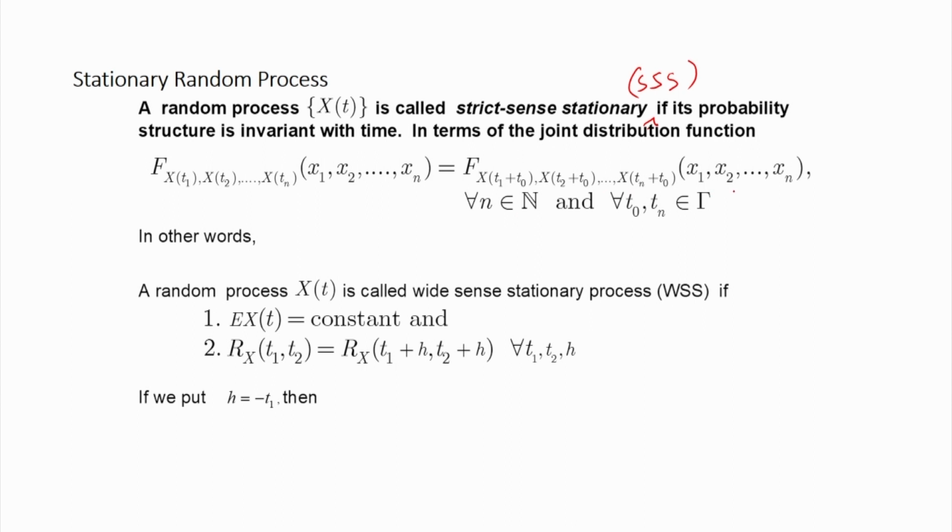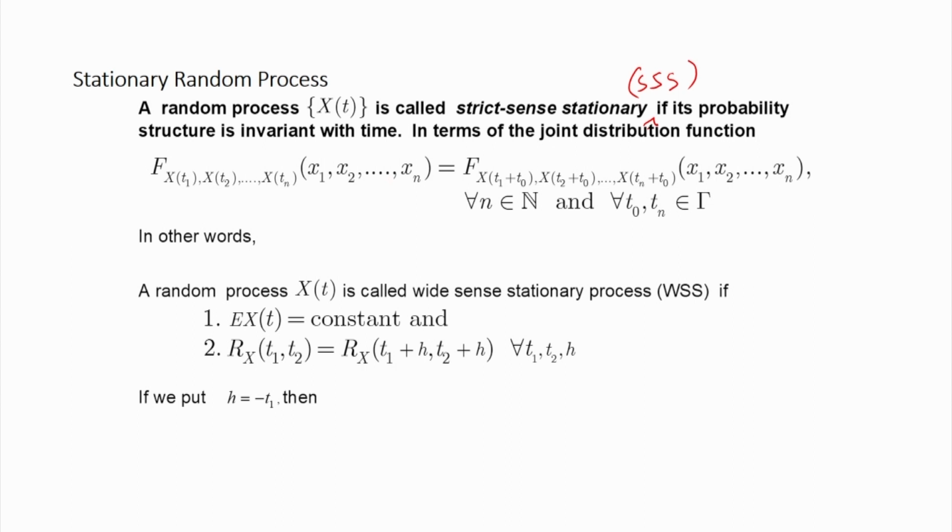And if we consider the joint CDF at another instant of time, that is x(t1 plus t0), x(t2 plus t0), like that way x(tn plus t0), then at the same set of points x1, x2, xn, if these two CDFs are equal for all n belonging to the natural numbers and for all placements of t0, t1 and tn, then we call this random process strict sense stationary.